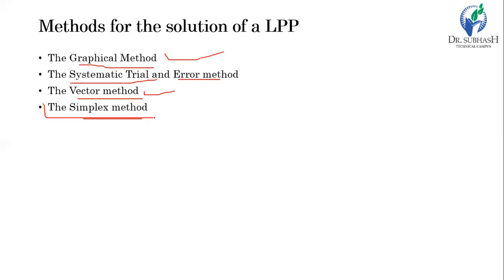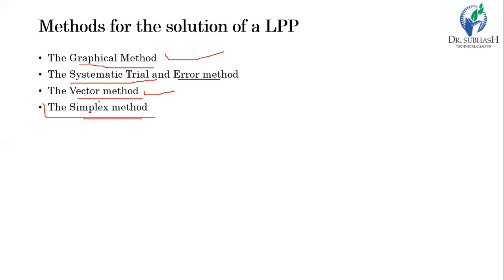But the last and most important method is the simplex method. As the name indicates, it is very simple, though a little bit calculative, but it is simple in comparison to all the other methods, because it goes through a systematic way. There is no requirement of trial and error, and no requirement to consider all the vectors.